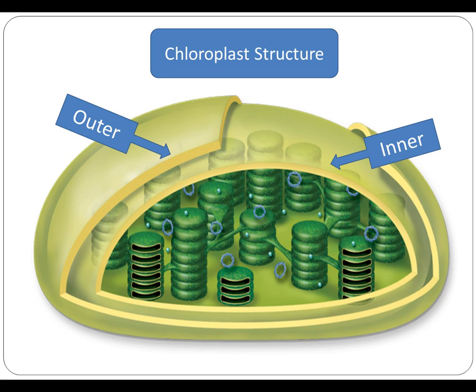We don't want the chloroplast so isolated from the inside of the cell that it makes something but doesn't share it, right? Nutrients have to get in, nutrients have to get out. The whole purpose of the chloroplast is to give nutrients to the cell, so it's got to get the products out as well. So there are transporter proteins in each of the membranes.